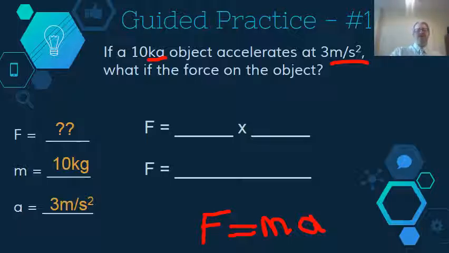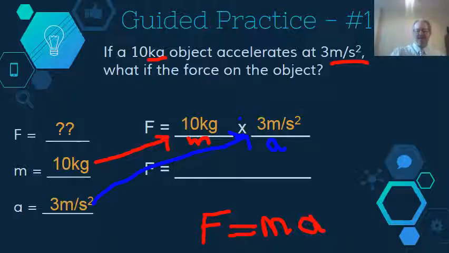Okay, so if this is m, then we need to bring up our m, which is 10 kilograms, and then we need to bring up our acceleration, our a, bring that up from here, and that is 3 meters per second squared.